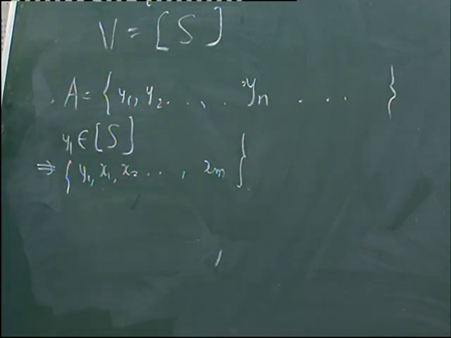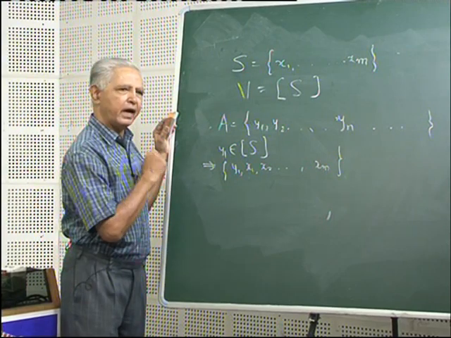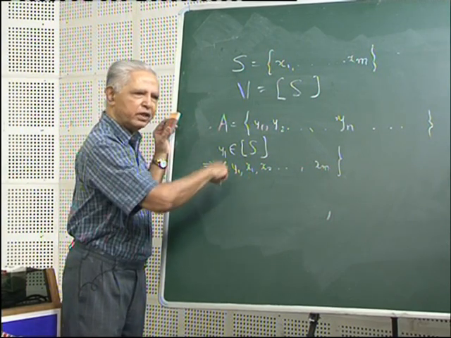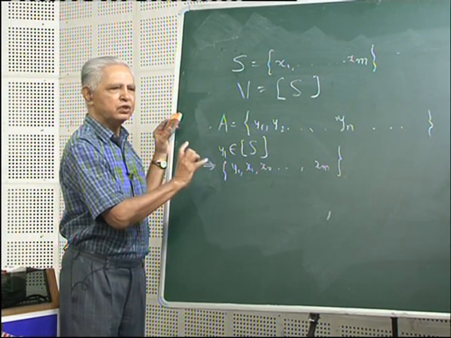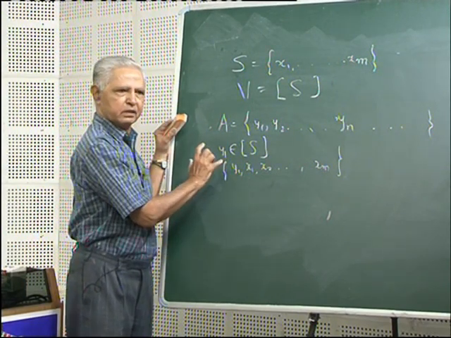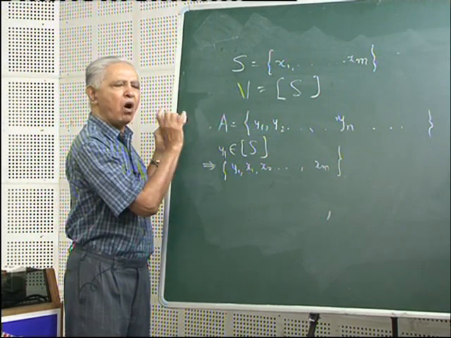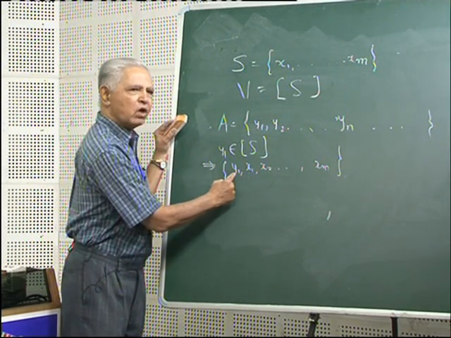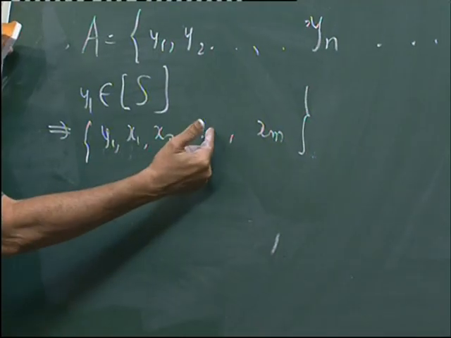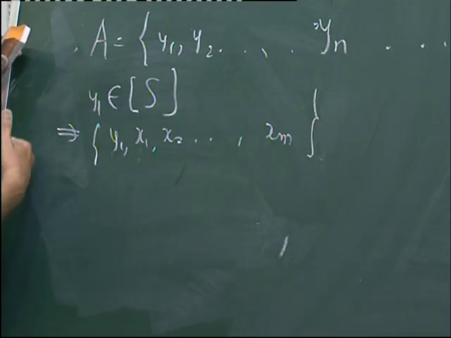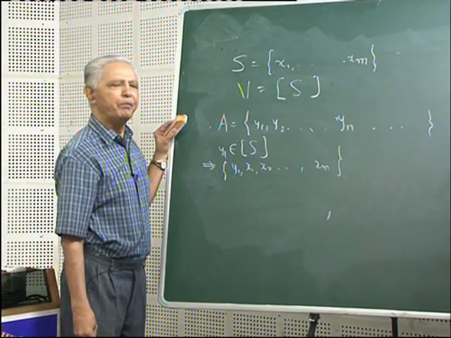We again apply our theorem, and one thing more: in the whole theorem we will assume that all the sets under consideration are ordered sets. So y1 is not equal to 0, this set is linearly dependent, and so some xi will be a linear combination of the preceding vectors.